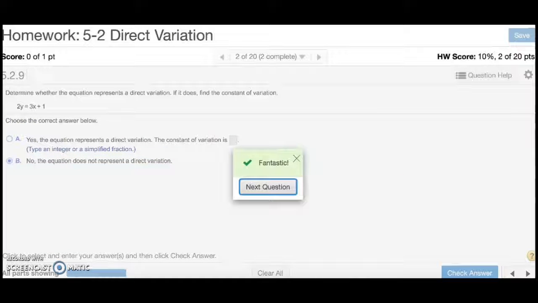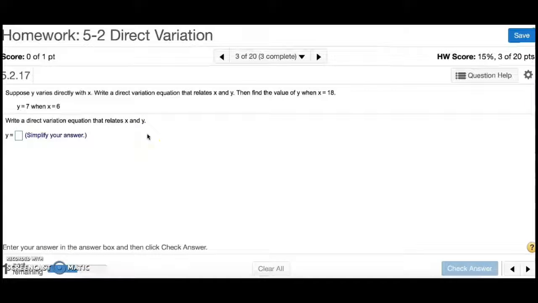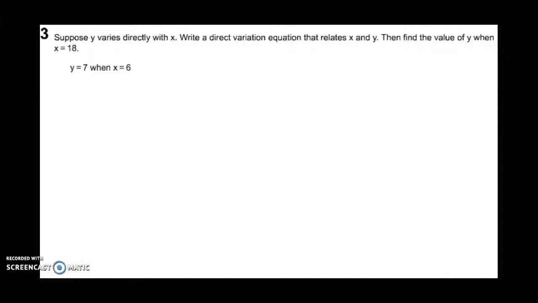And that's number 2. Number 3, suppose y varies directly with x. Write a direct variation equation that relates x and y. Then find the value of y when x equals 18. So we have change of y over change of x. So y over x will have 7 over 6.